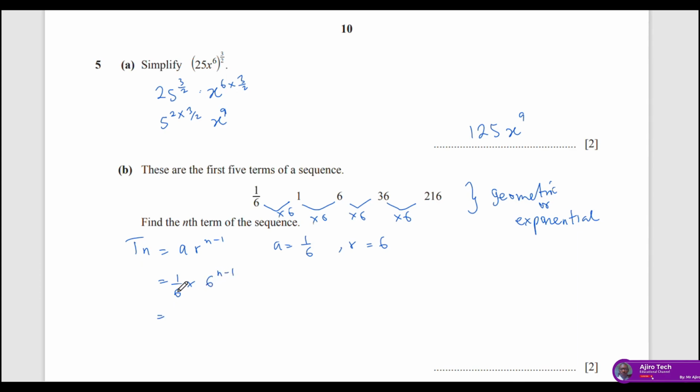This 1 over 6 means 6 raised to the power minus 1 multiplied by 6 raised to the power n minus 1. Then we have 6 raised to the power minus 1 plus n minus 1, so we have 6 raised to the power n minus 2. That will be our answer.